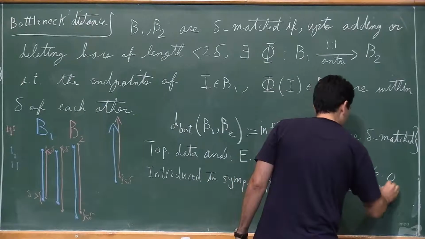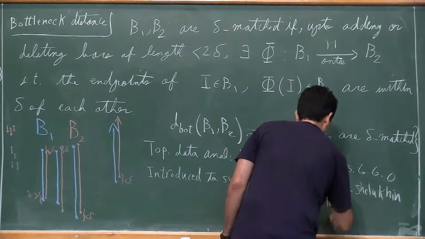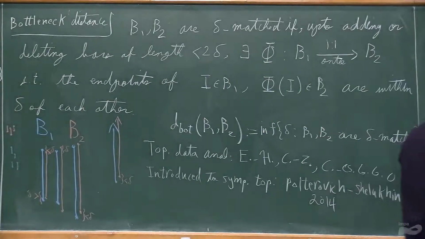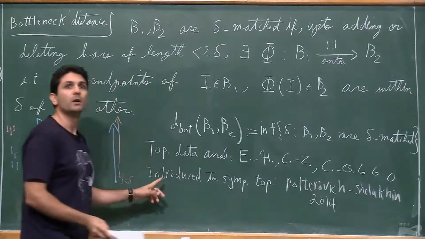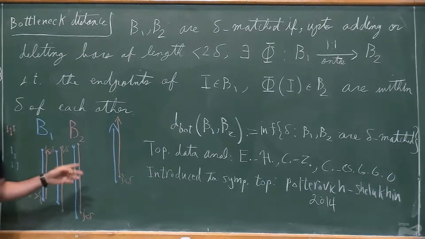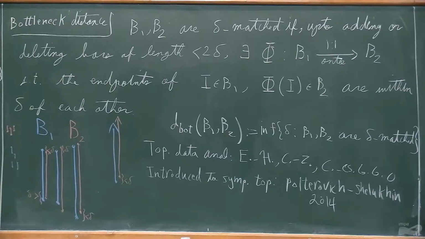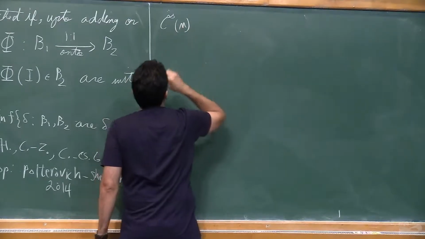And ever since then, they've had many, many interesting applications in our field. Now, before I get into symplectic topology, I want to show you how barcodes arise in Morse theory. And I'll do this by telling you how one can associate a barcode to a Morse function.